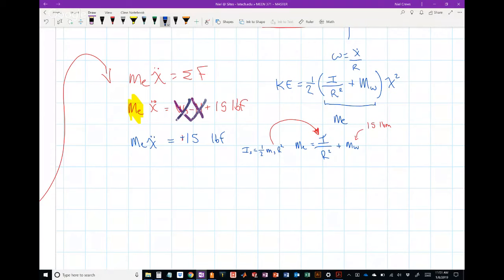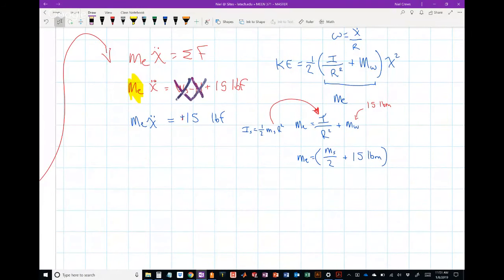Notice how there's an r squared in the numerator and an r squared in the denominator. We see that our effective mass is going to be the mass of the spool divided by 2 plus the 15-pound mass.